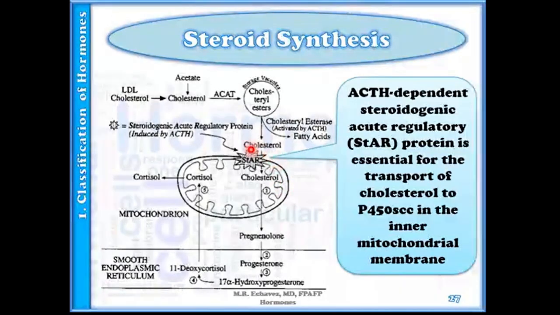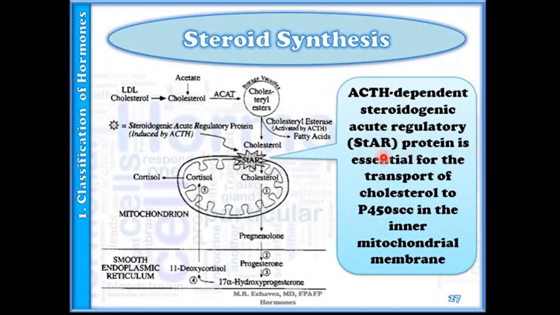If you will notice, cholesterol cannot pass through that kind of membrane, so it needs a transport protein, also known as the steroidogenic acute regulatory protein.